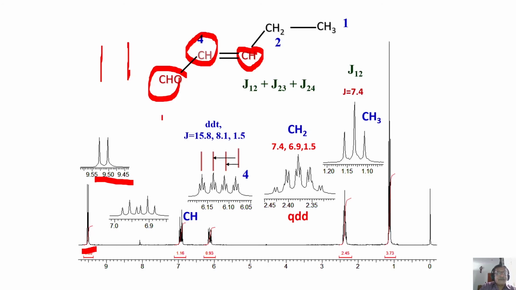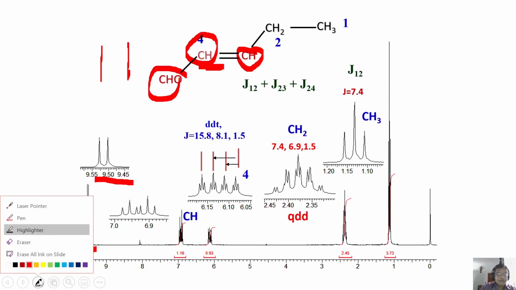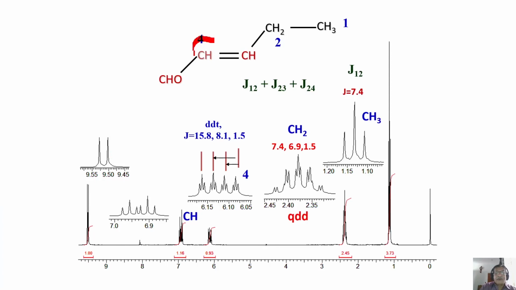How can this CHO be a doublet? Because it is coupled to this CH. That means you also expect coupling of this CH with this one here. So first it is going to be a doublet like this, and each line of this doublet is further split into a doublet like this.